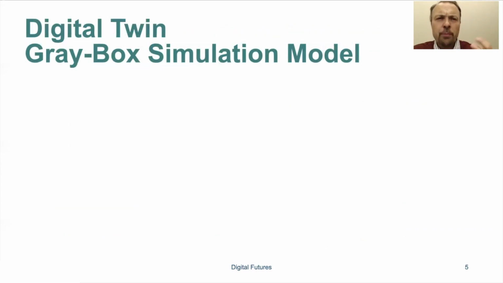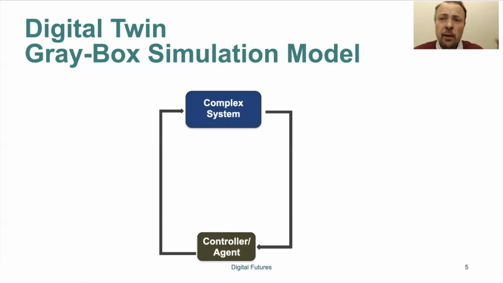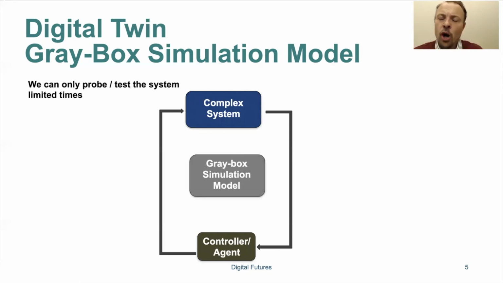What is then the approach that we take in this project? We have this complex system that we want to control using some sort of reinforcement learning technique, but we cannot probe the system; we can just probe it a limited number of times. So the key idea is to create a so-called gray box model, where we can learn from data, but we also encode a priori information into the model. This model can also be called a digital twin, a replica of the real system.